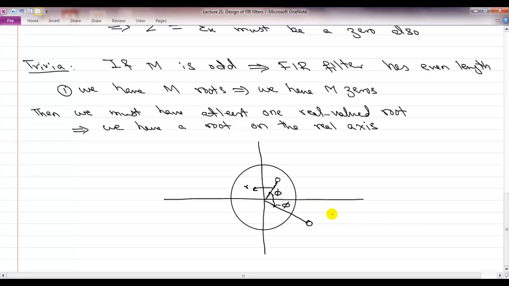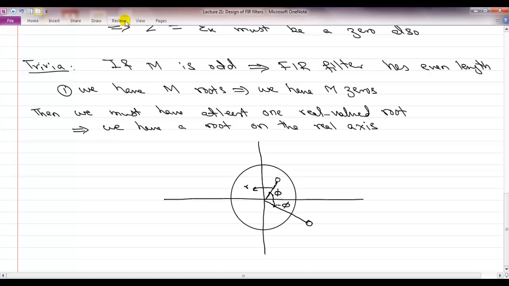Okay. But now let's talk about the fact that I have a real coefficient, real valued FIR filter, which means that the zeros have to occur in conjugate pairs. So what does conjugation do in the complex plane? It only changes your angle. It just flips your angle.